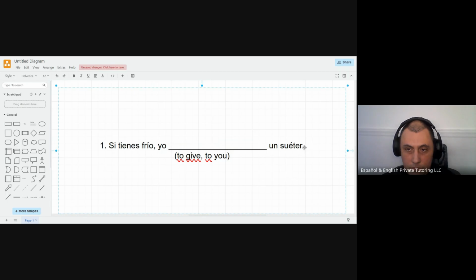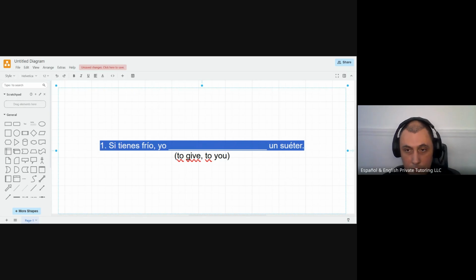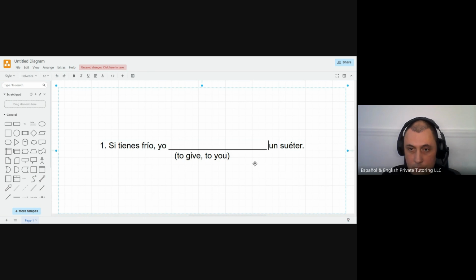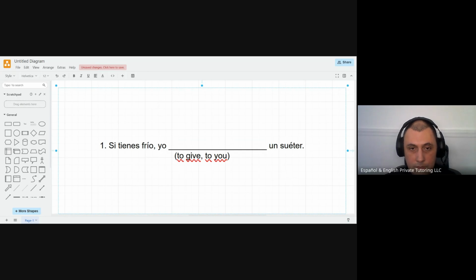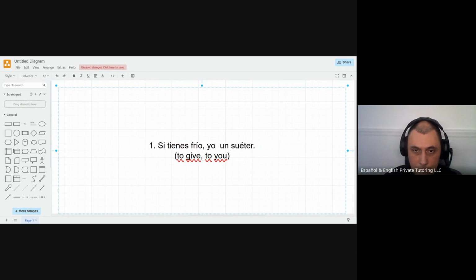So I'm going to give you the answer for this so you can see what is wrong. So, si tienes frío, according to the book, this should be the correct answer.